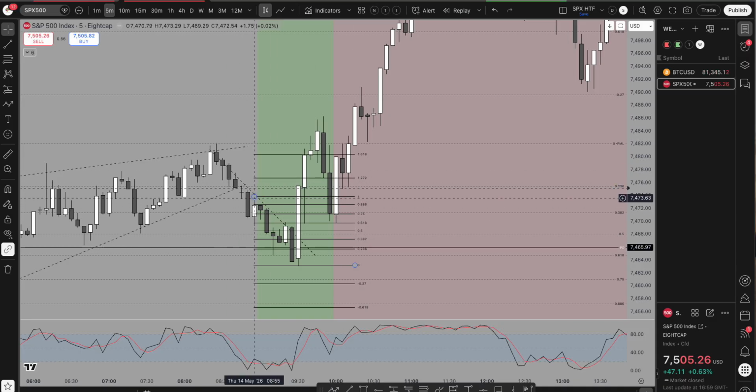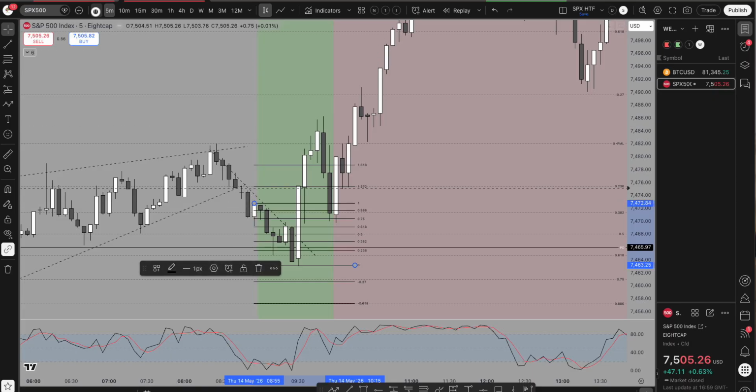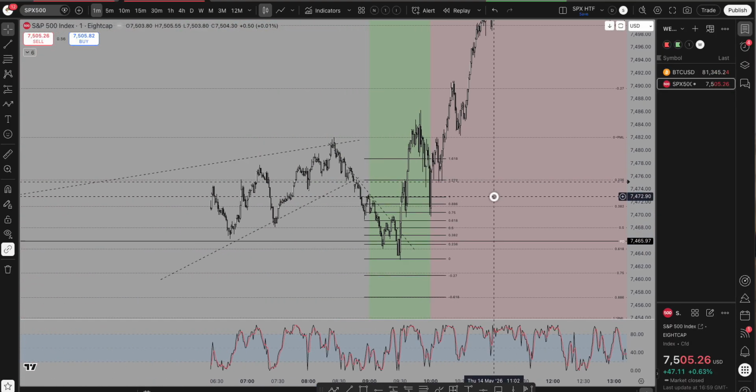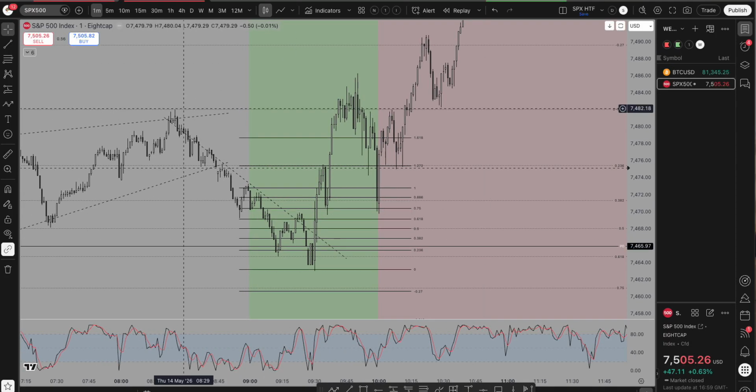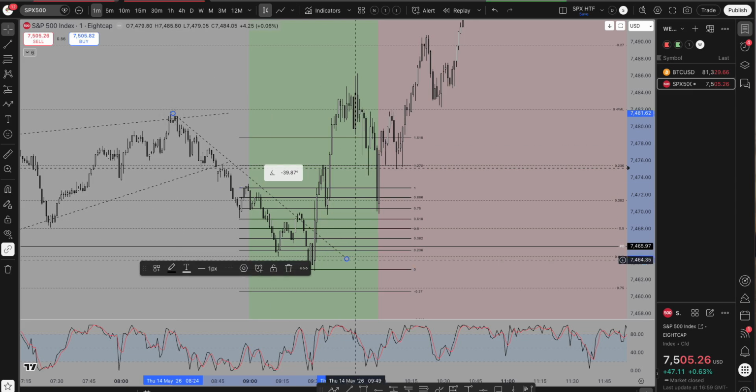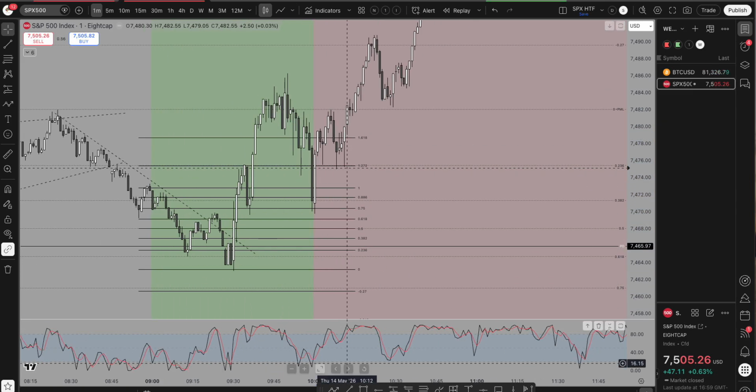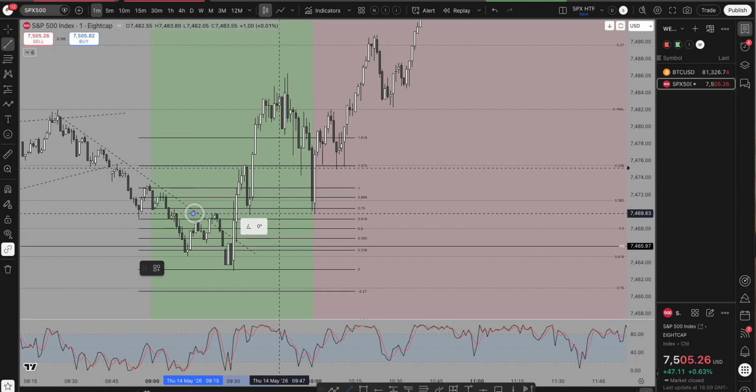Okay, so we had the beginning here, and let's drop down to the 1 minute, and this is where it got lit. So we had our counter trend line here. Okay, market's open. Then we got our market structure.